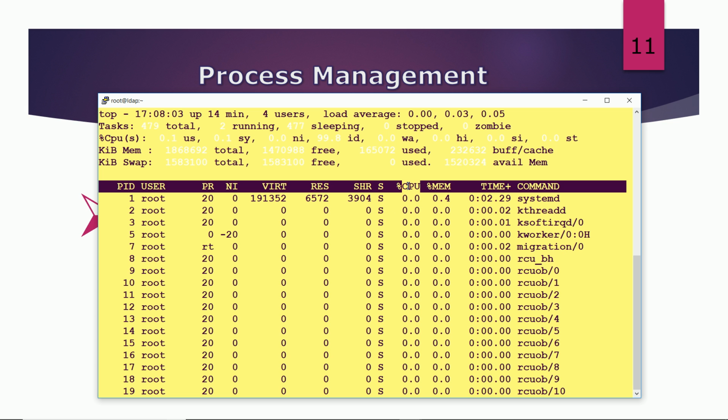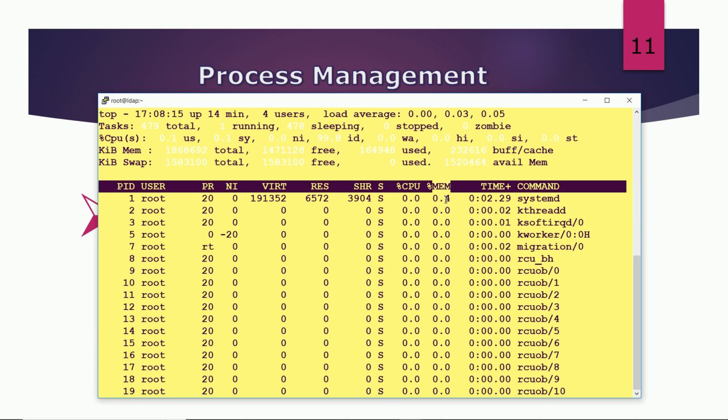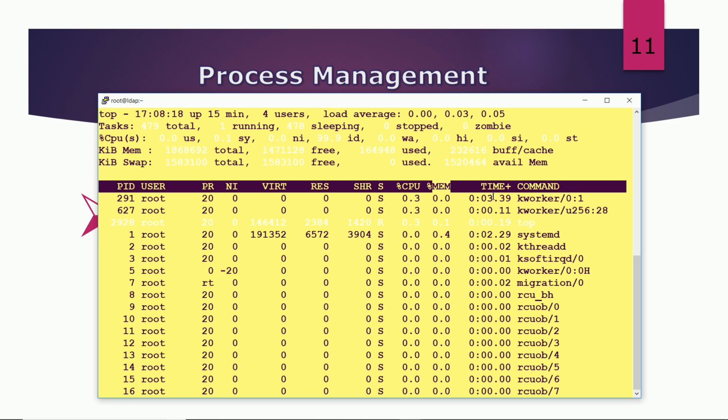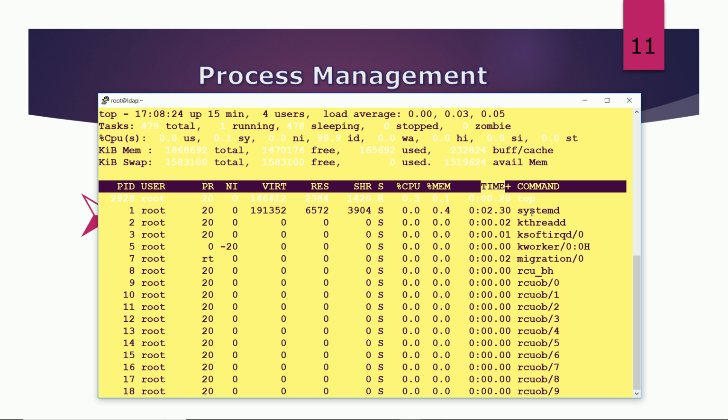Percent CPU is the percentage of the CPU used by the process. Percent memory is the percentage of the RAM used by the process. TIME+ is the total time of activity of this particular process. And last is the command, which is basically the name of the process.